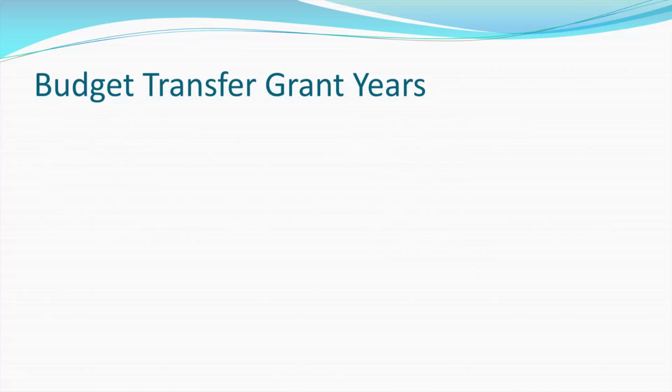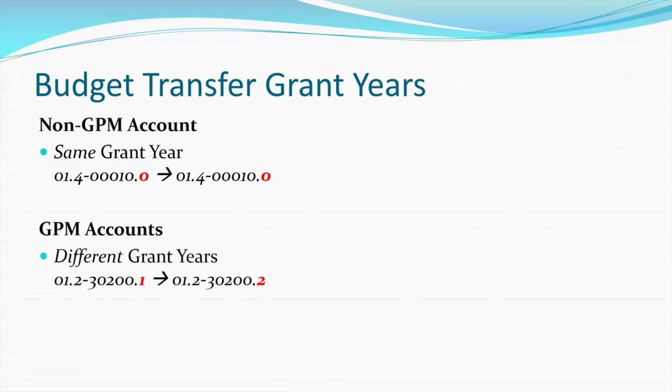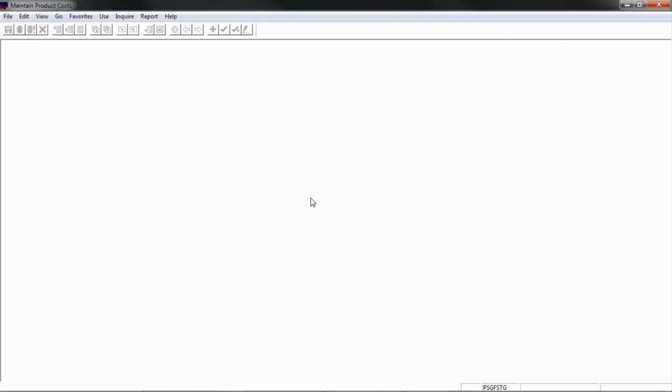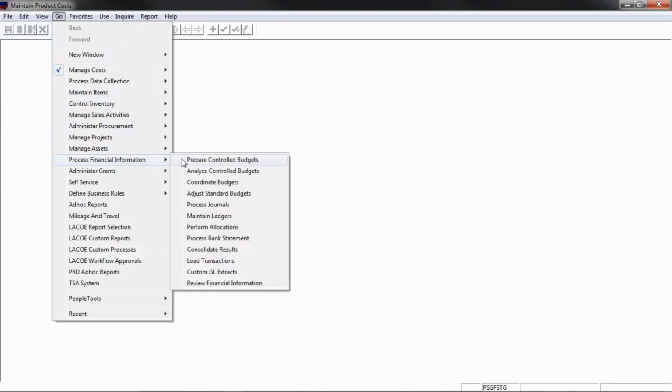When using the Budget Transfer panel, non-GPM accounts only allow transfers between the same fund, resource, and grant year combination. However, for GPM accounts, you can transfer funds between different grant years so long as they have the same fund and resource combination. To create a budget transfer, use the following navigation: Go, Process Financial Information, Prepare Controlled Budgets.